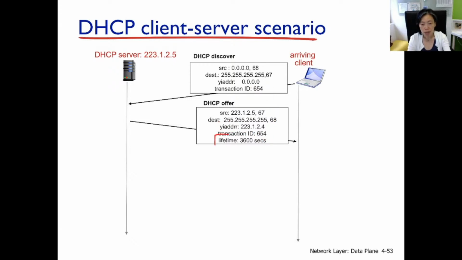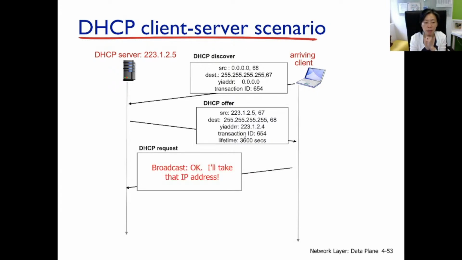And you see, the server here, while offering a specific IP, is also saying, hey client, you get to use this IP address for 3,600 seconds. So it's the duration of the lease. The client then says, DHCP request, I'm going to take the IP address, and this is the content. Asking for this IP address, and it's a new transaction for this long.